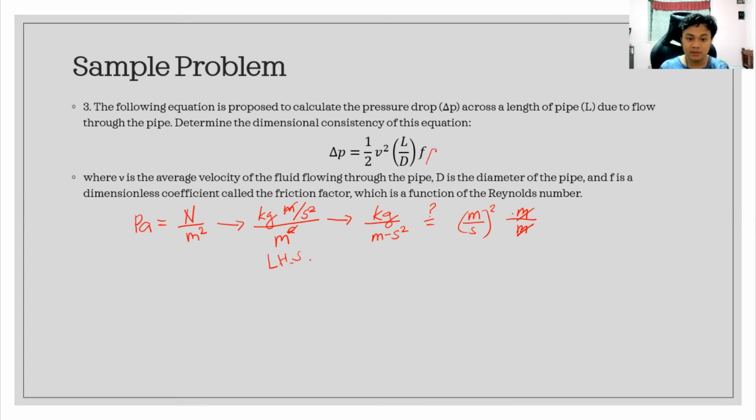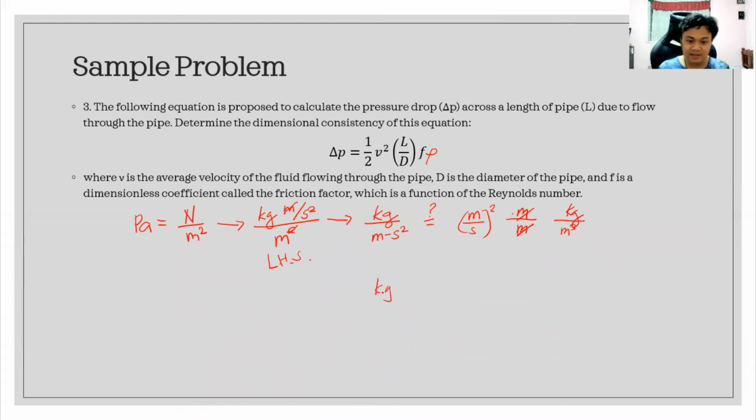So what is lacking here is the density. As you can see, there is no unit of mass here. So if we add the unit of density here, which is kilograms per cubic meter, let's see if we can match the units in the left and the units in the right.